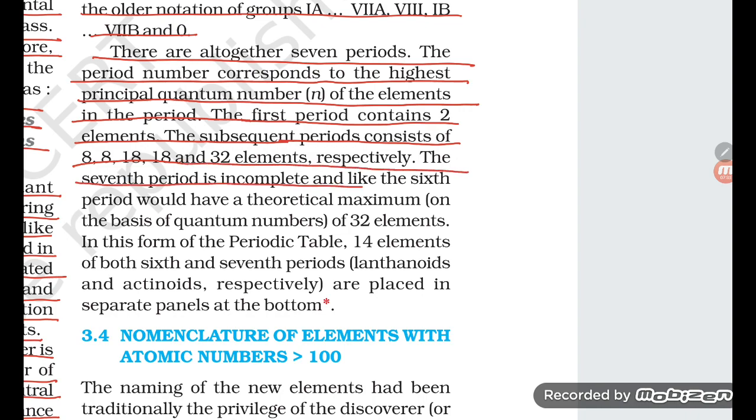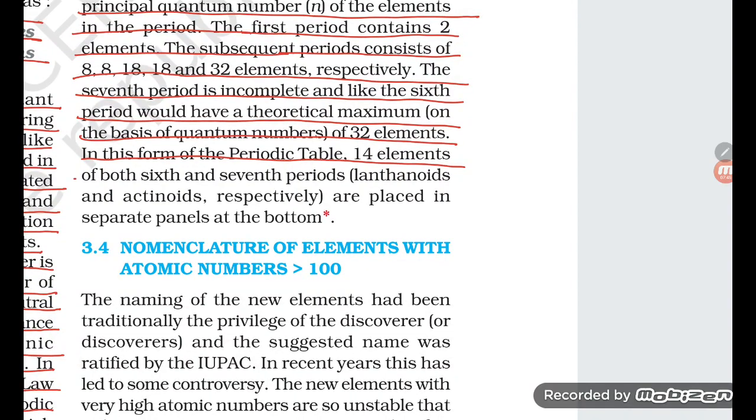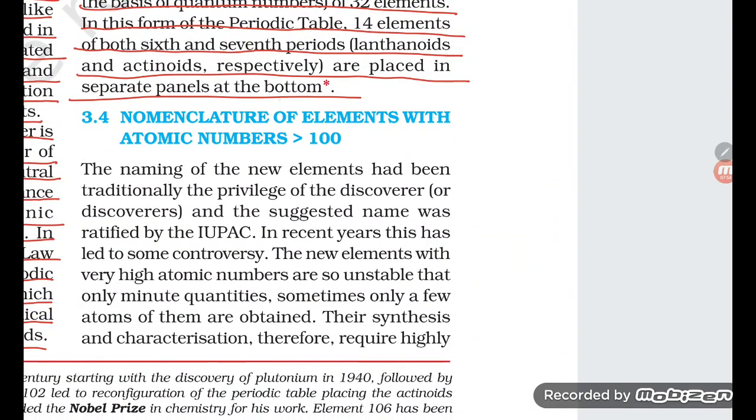The 7th period is incomplete; like the 6th period, it would have a theoretical maximum, on the basis of quantum numbers, of 32 elements. In this form of the periodic table, 14 elements of both the 6th and 7th periods, lanthanoids and actinoids respectively, are placed in separate panels at the bottom. Nomenclature of the elements with atomic number above 100 we will be studying next.